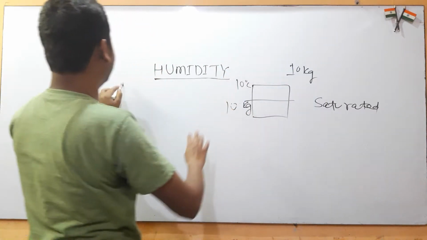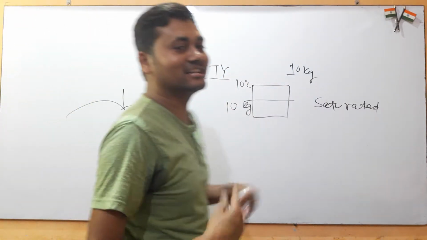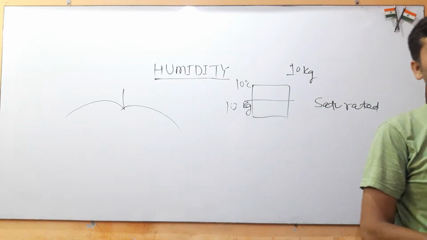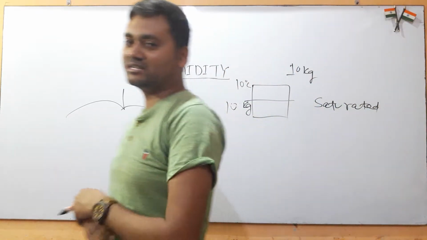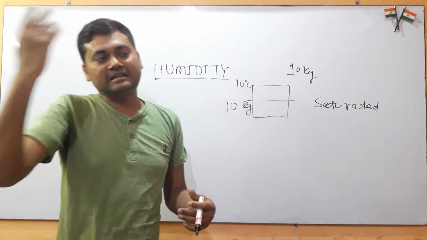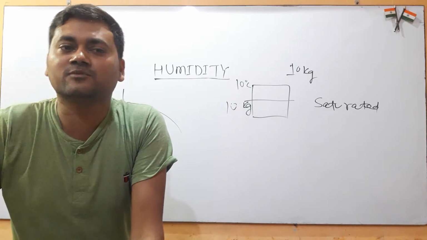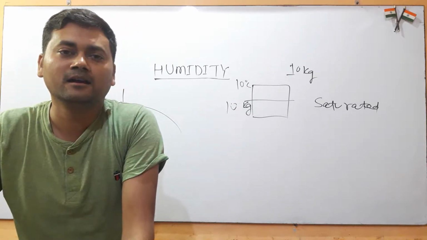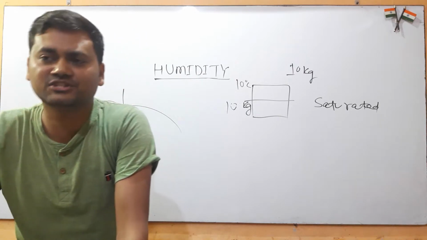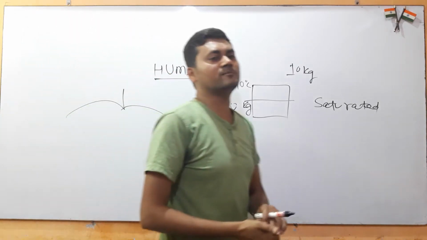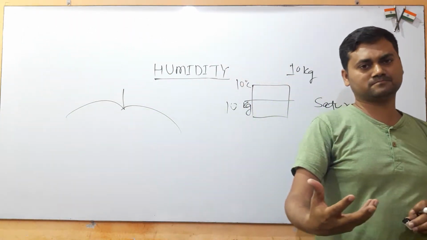That vomiting has different types of forms. This vomiting can be in the form of dew, it can be in the form of ice crystals, and some other forms of precipitation.